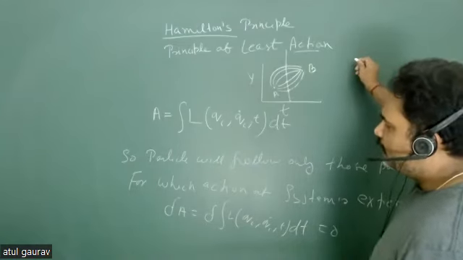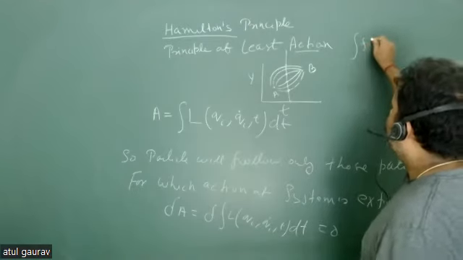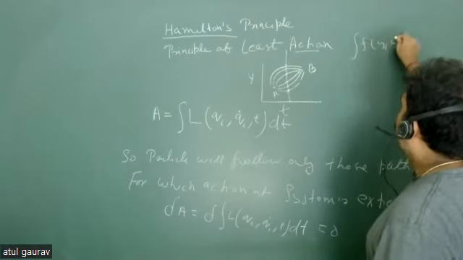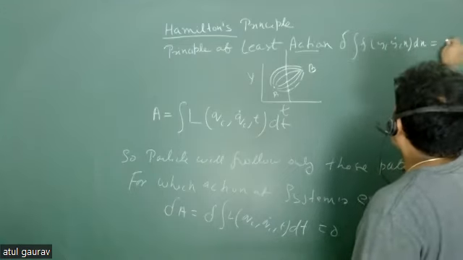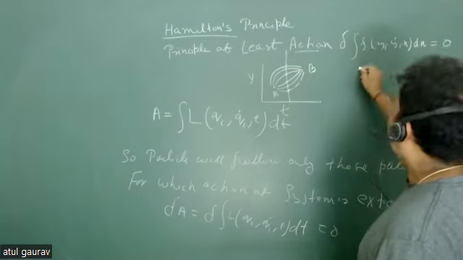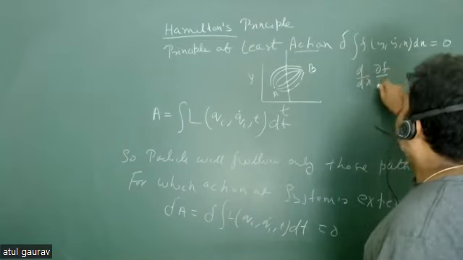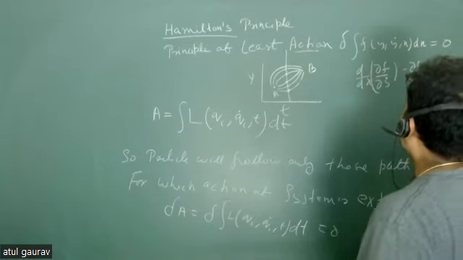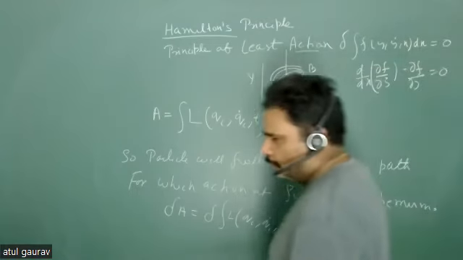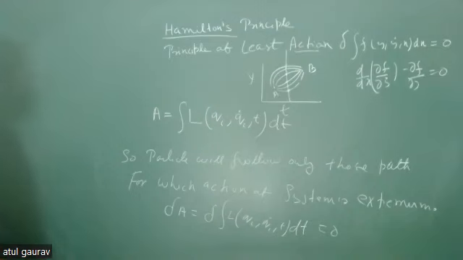What did we study just now? If the integral of f(y, y dot, x) dx goes to 0, then f will follow d/dx (del f/del y dot) minus del f/del y is equal to 0. Everyone is comfortable? Yes, sir.